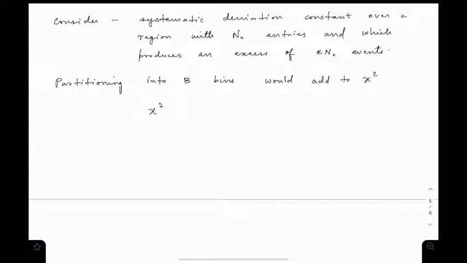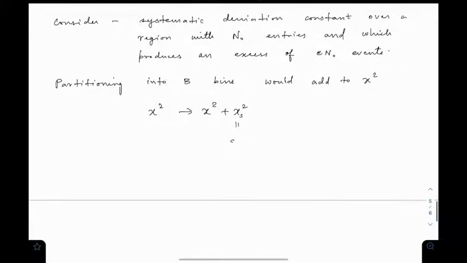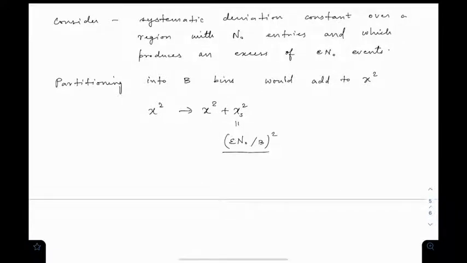Basically chi-square becomes chi-square plus a second term, which would be given by (epsilon n0 by B) squared times n0 by B. So basically for B bins, we increase chi-square by epsilon squared times n0, which is to be compared to the purely statistical contribution, which is on average equal to B.